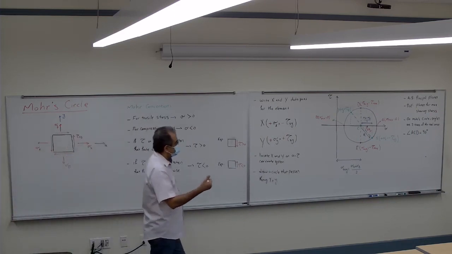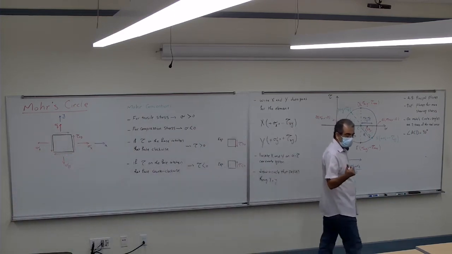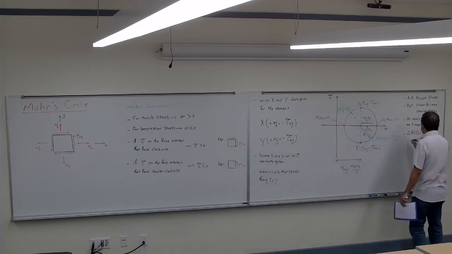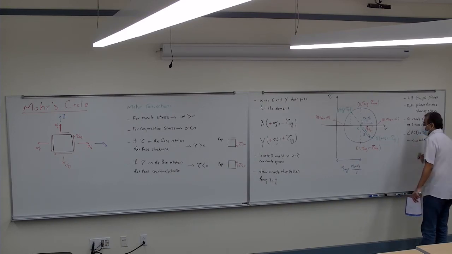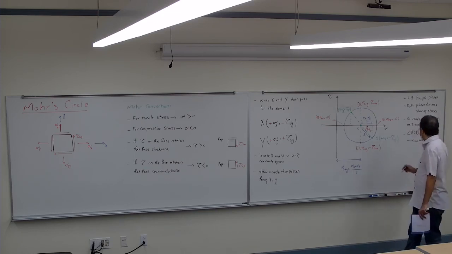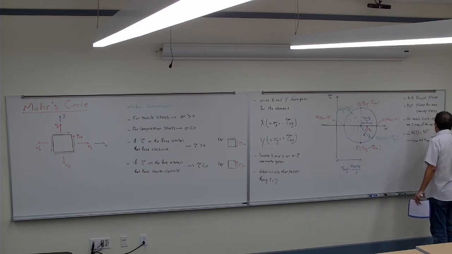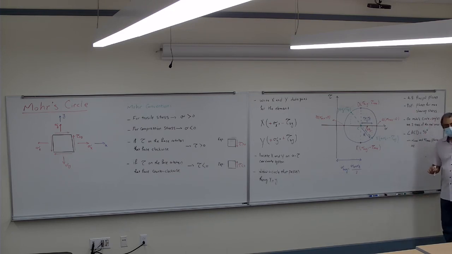It means that the sigma max and tau max planes are how much apart? They are 45 degrees apart.